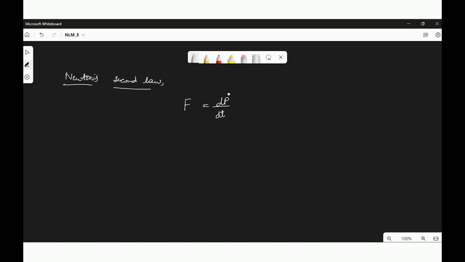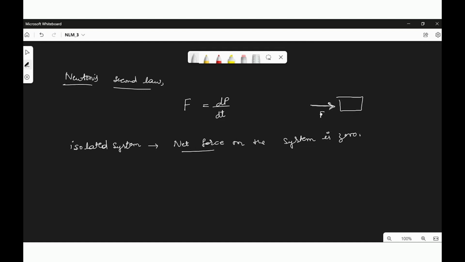Yes. So now I'll use a word called isolated system, which is when the net force on the system is 0. What do you mean by net force? There is an object here.